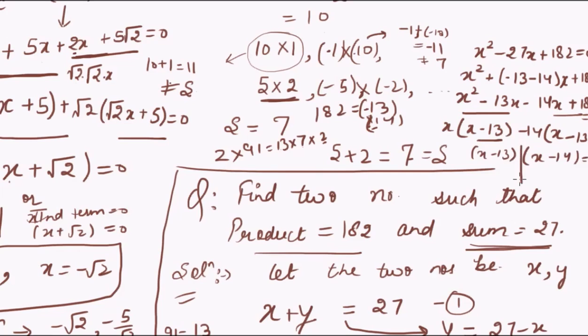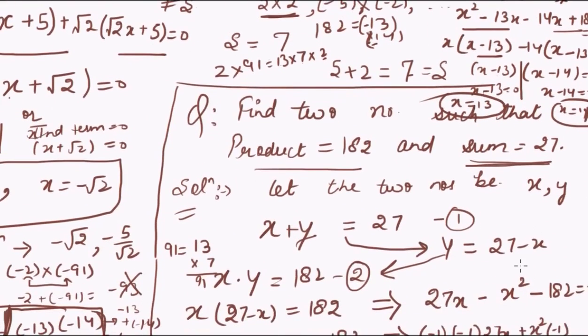So either x - 13 equals 0 or x - 14 equals 0, which gives us x = 13 or x = 14. Now from this part, if x = 13, y is 27 - 13, that is 14.